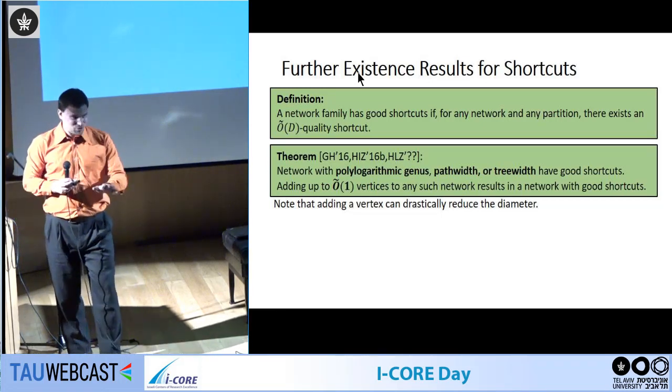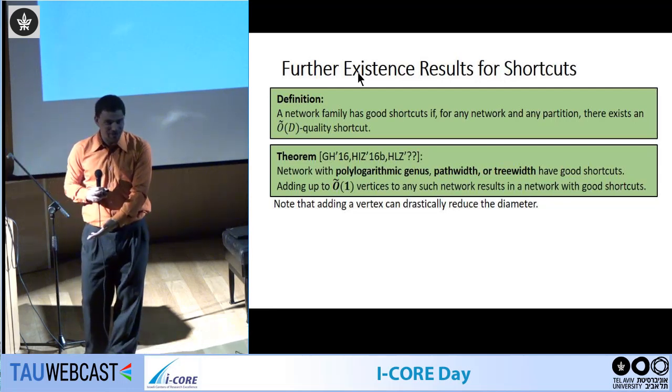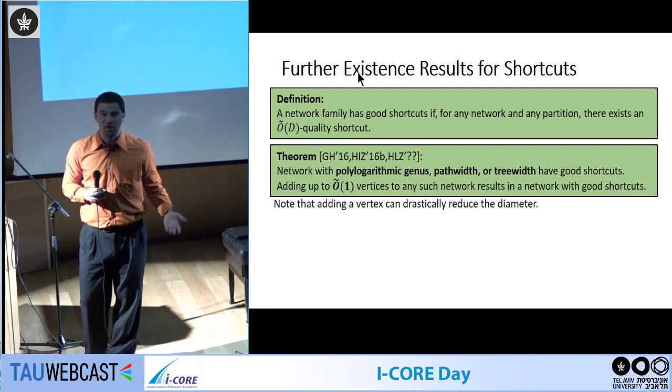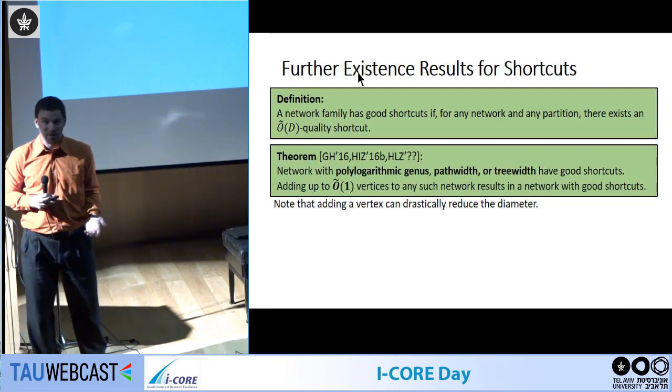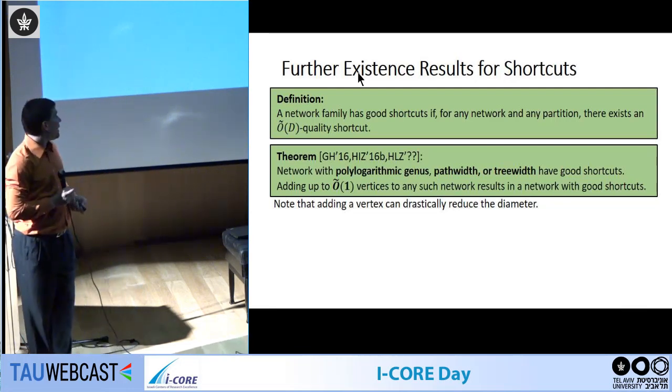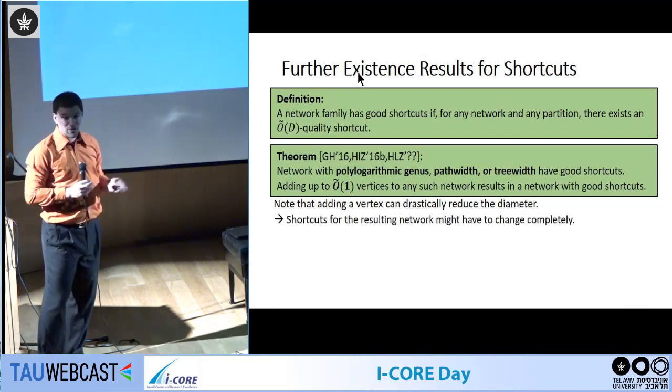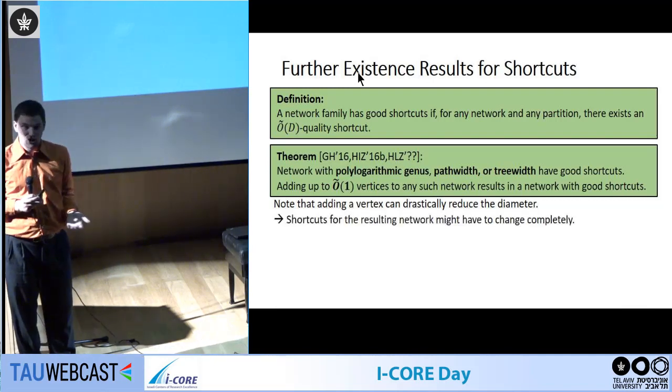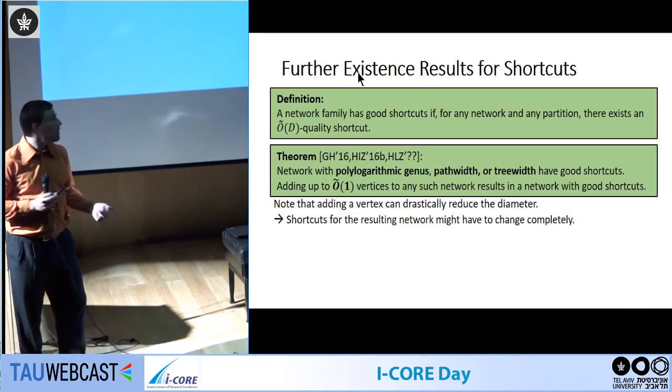And if the shortcuts are the same but the diameter goes down, suddenly these shortcuts are not good anymore, because good means you're competitive with the diameter. So by just adding a single vertex, if the diameter goes down, you might have to completely rearrange and change the structure of the shortcut to be competitive with the new diameter again.